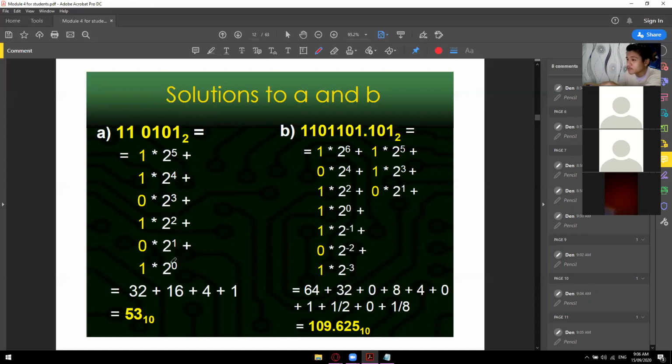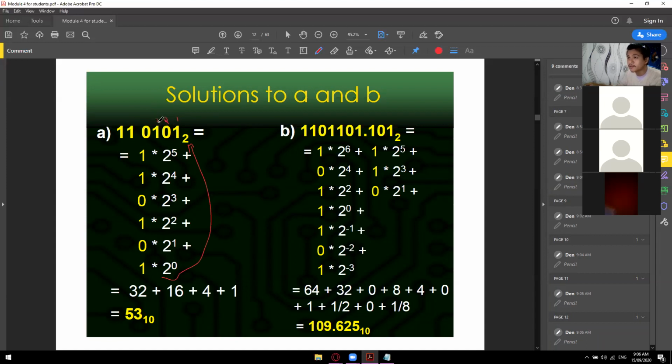So, 1 times 2 raised to 0. So, again, yung 2 na to is nanggaling sa base. So, lahat yan is multiply mo lang sa base. Okay? So, 2 times 1, 2 raised to 1, 2 raised to 2. So, para siguro masundan natin, lagyan ko na ng label. Incrementing lang by 1 nga pala.